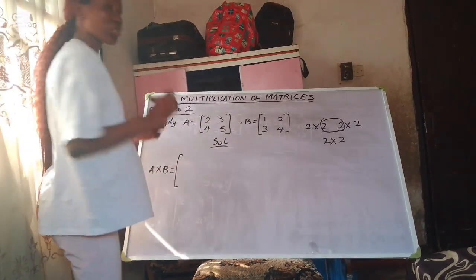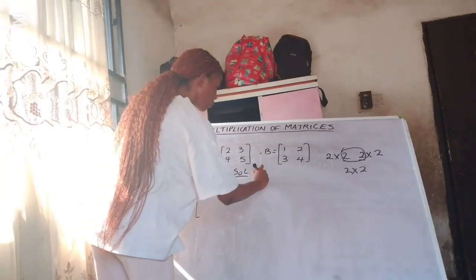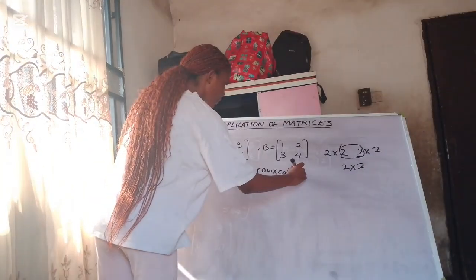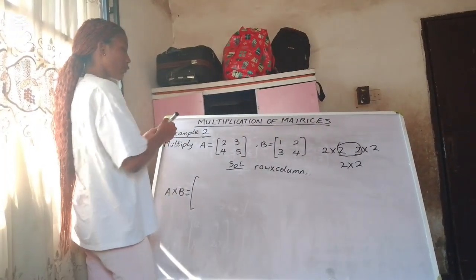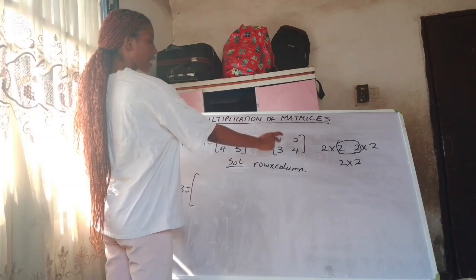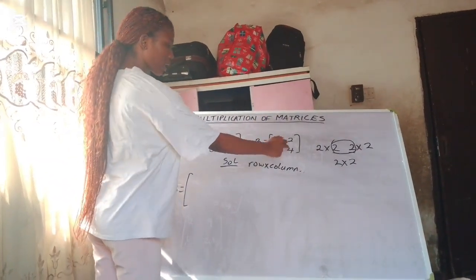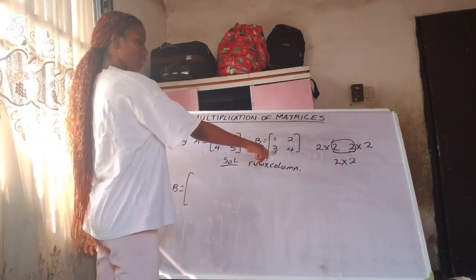Now, since you know they can multiply, the way you do matrix multiplication, you do row multiplying column. That is, in A, you do the first row in A multiplying the first column in B, then move over to first row multiplying second column, then you go to second row in A multiplying this.